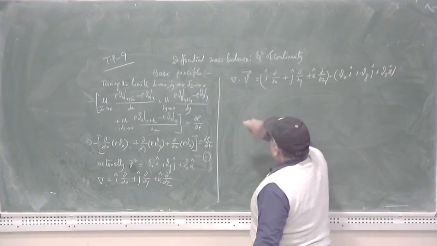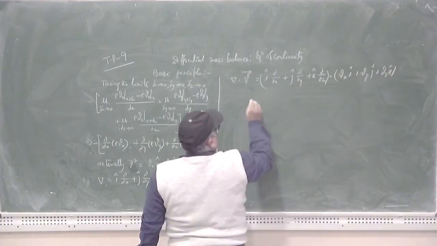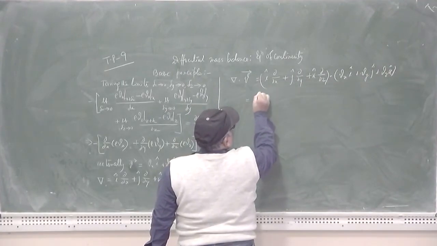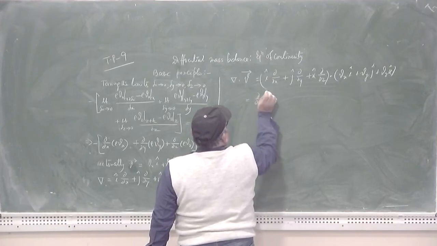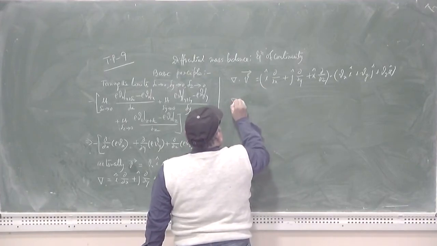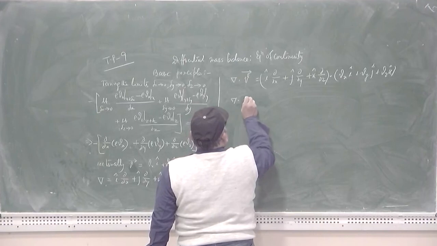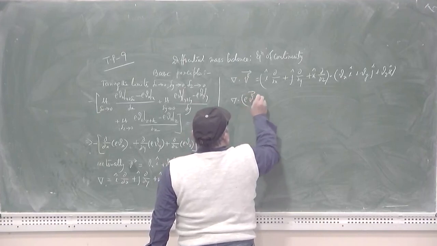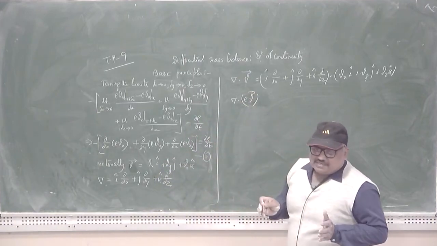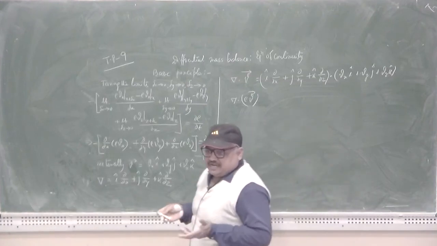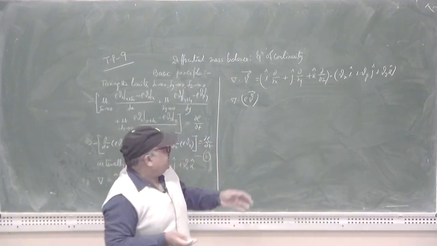So, from the normal principle of the dot product of vectors, we can write del dot rho v, because the multiplication of a vector by a scalar is still a vector quantity.